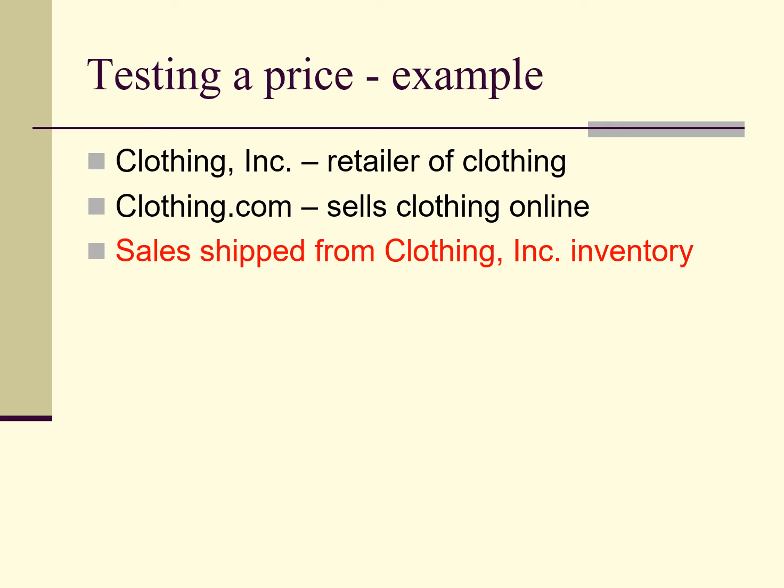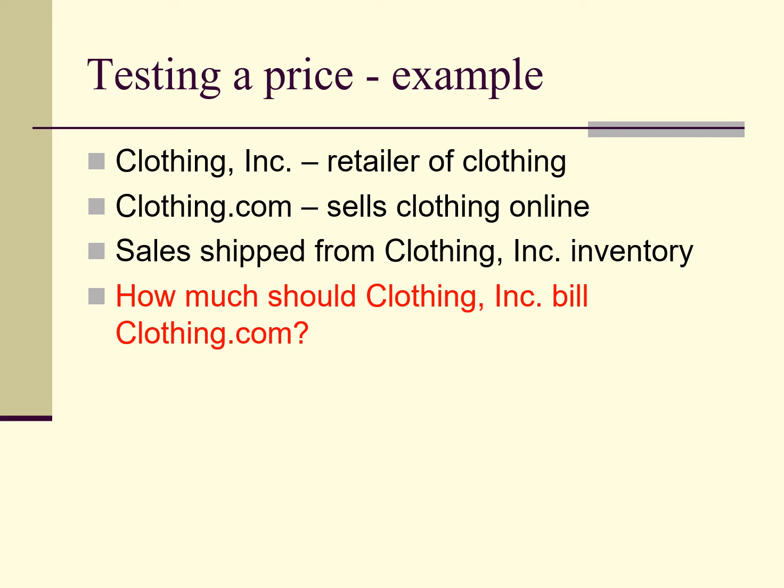Products sold by Clothing.com are shipped directly to customers from Clothing Inc.'s inventory. Clothing Inc. bills Clothing.com for clothing sold. The question is, how should Clothing Inc. determine how much to bill Clothing.com?